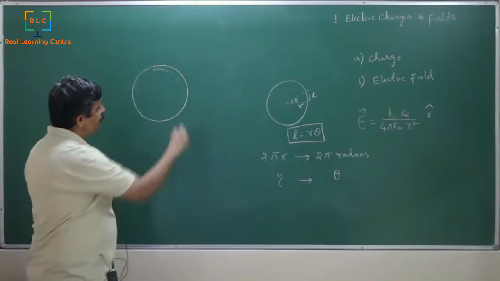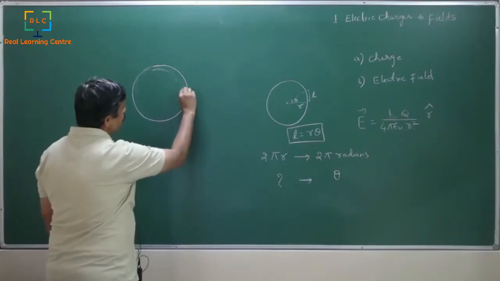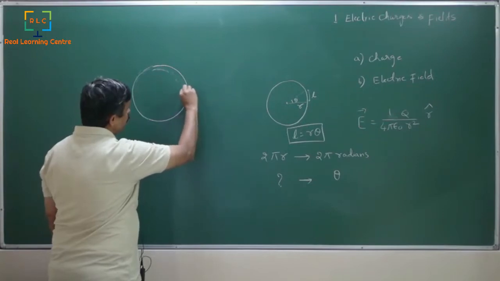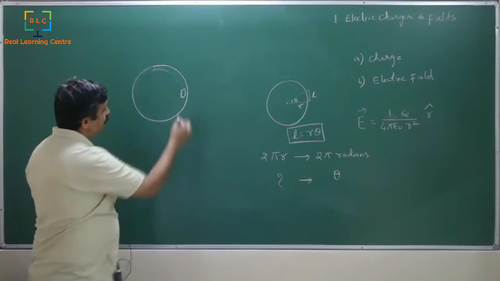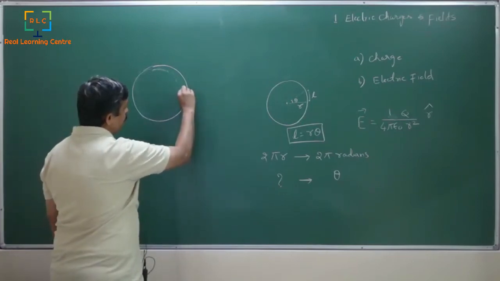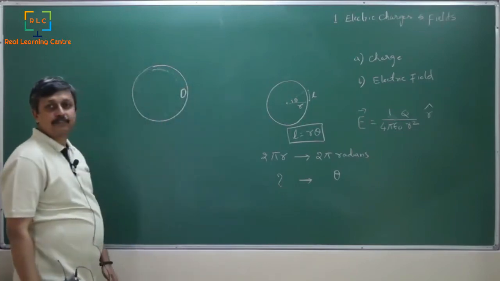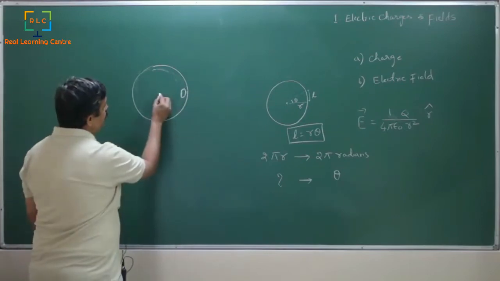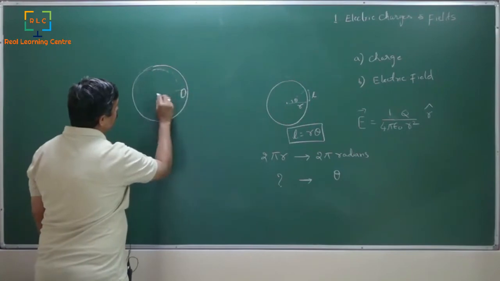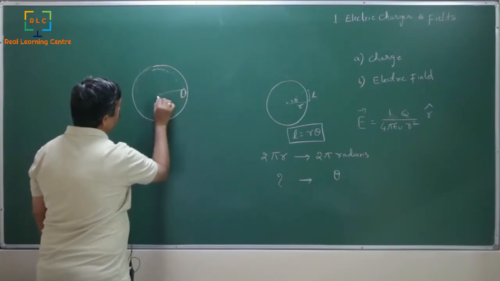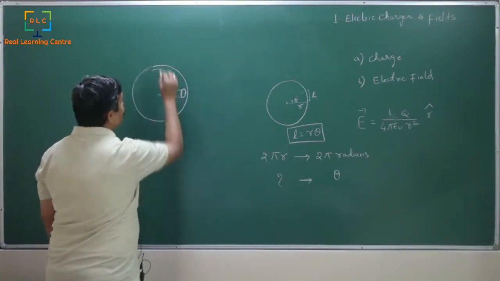If I take on the sphere surface one small circular area, I am going to connect this area to the center through a kind of a cone.